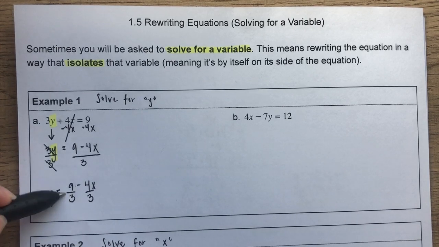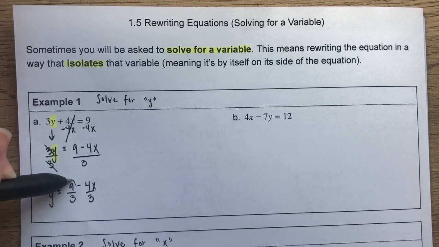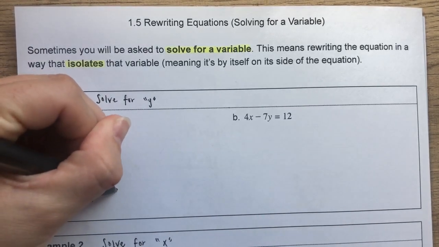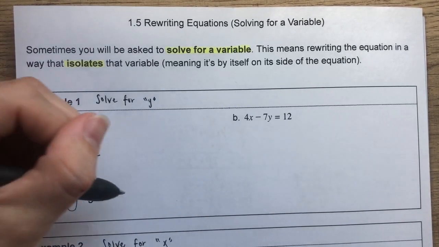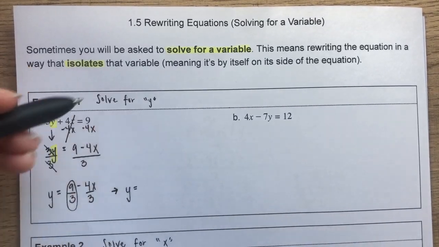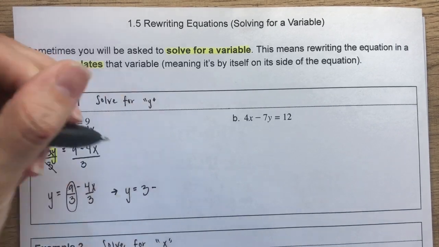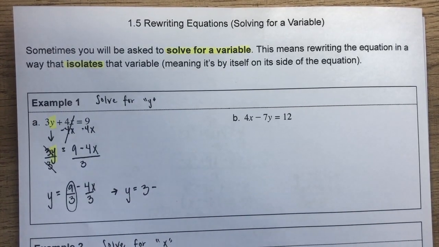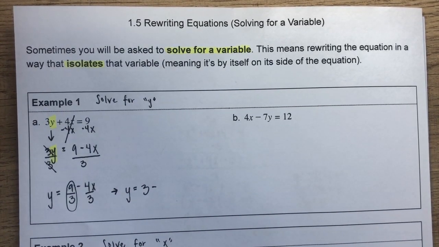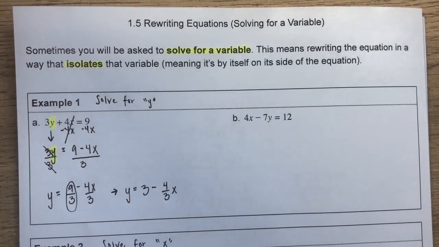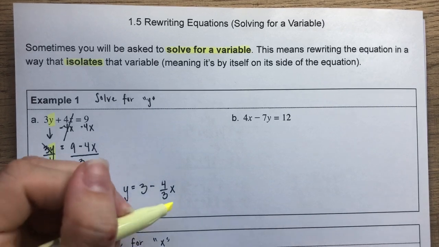Now this is something that I can reduce, this 9 thirds here, because I can divide 9 by 3. So my final simplified answer would be y equals 9 divided by 3 is 3, and then minus, I can't divide 4 by 3, so minus 4 thirds x would be my final answer.